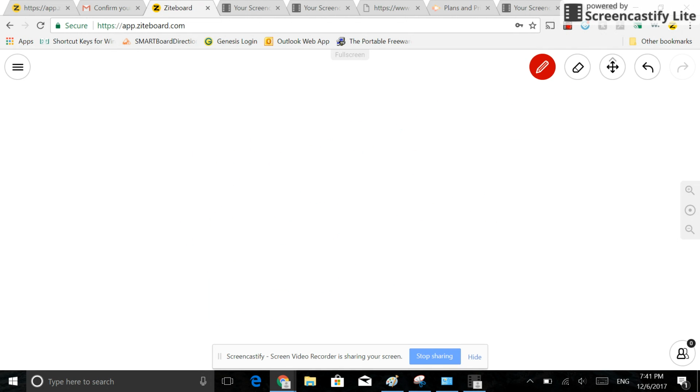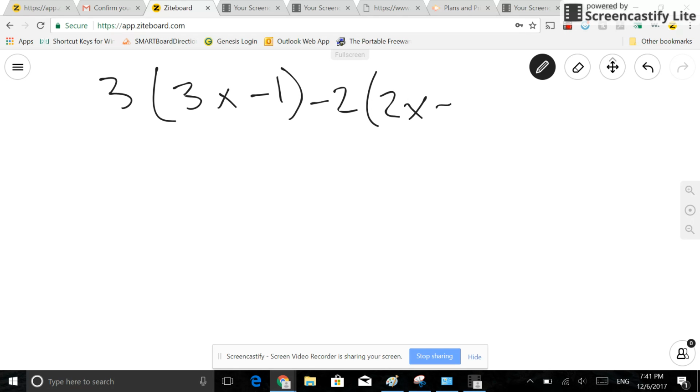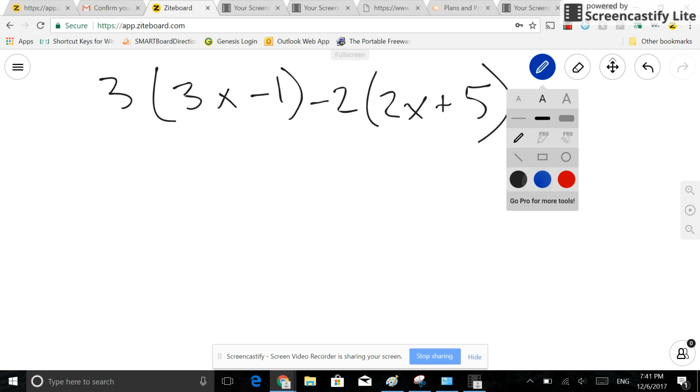Your next expression, now we're getting a little bit more difficult. 3 parentheses 3x minus 1 minus 2 parentheses 2x plus 5. So the first thing I'm going to do is distribute whatever I can. You want to distribute everything.